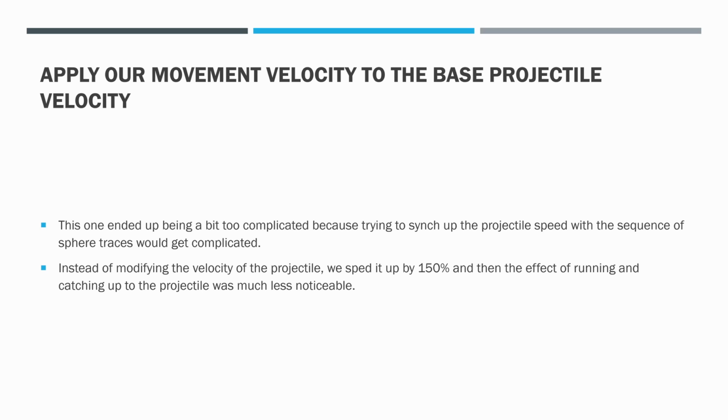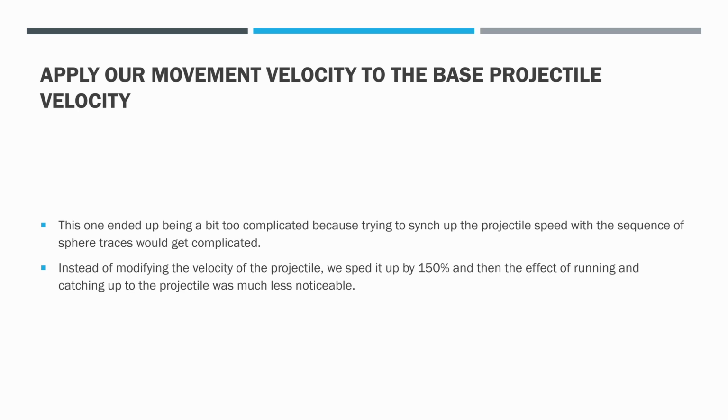Well, the problem is if we take this variable running velocity and we add it to it, then what's going to end up happening is that the fake projectile is going to look better, but it's not going to match the traces. And so I was talking with my team about it, and one of them suggested, hey, it's probably just easier to speed up the projectile velocity so that even if you're running, it's faster than your run and goes away from you, and then it's probably fine.